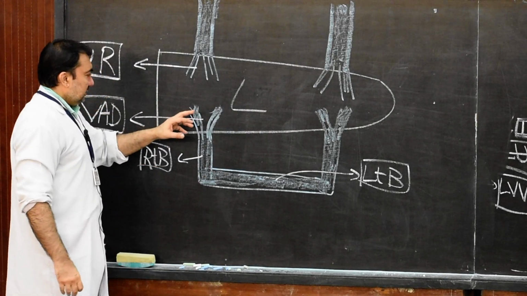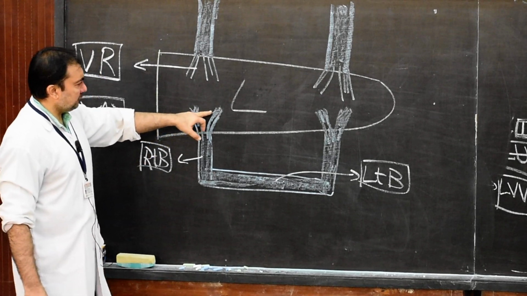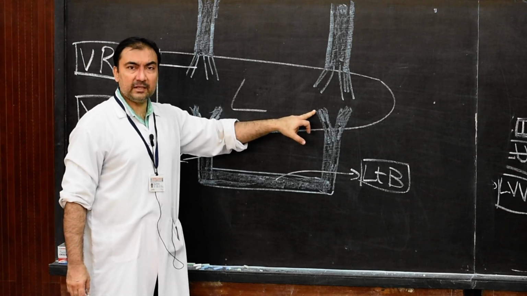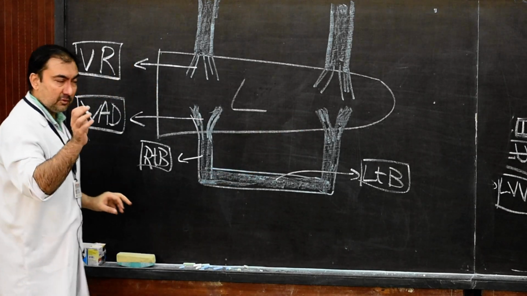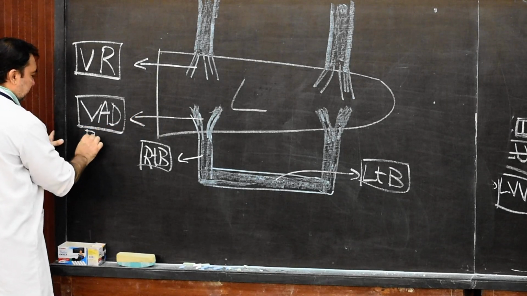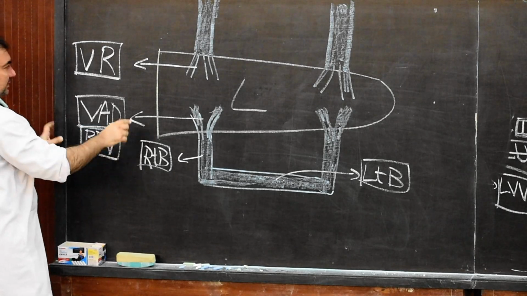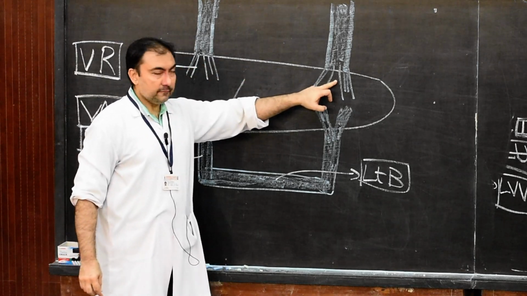Now, these venae advehentes are known as the branches of portal vein. Another very important name: here, these are the venae revehentes.